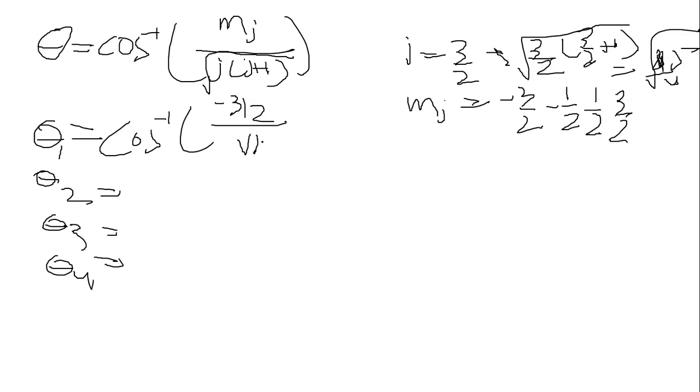So it will be root 15 by 2. So it will be minus 3 by root 15. Can you tell me what cos inverse of minus 3 by root 15 will be?